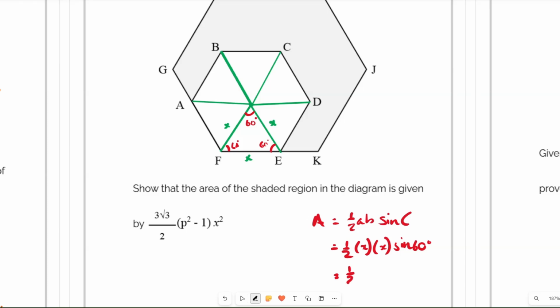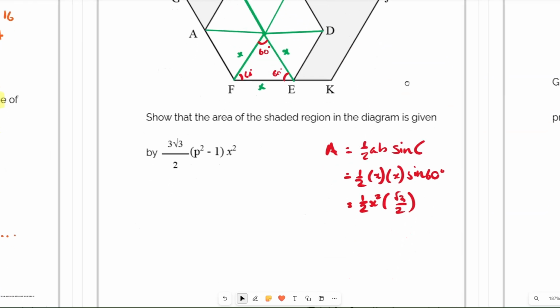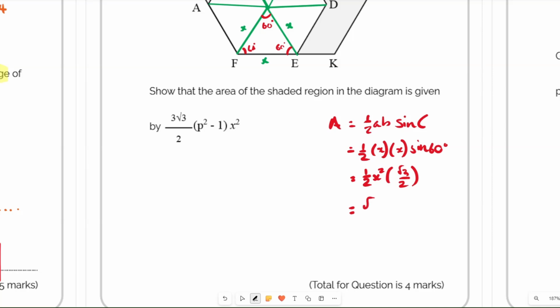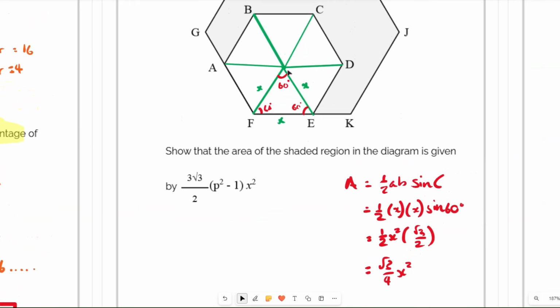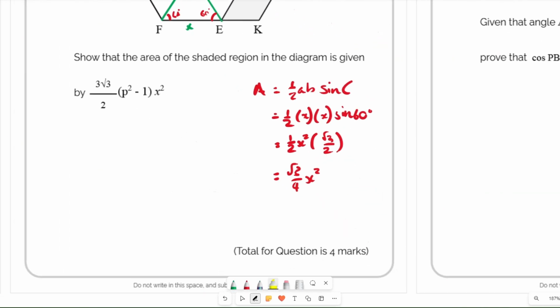So it's going to be half times x squared times root 3 over 2. There we go. And if we just multiply the fractions first, we're going to get root 3 over 4 x squared, like so. So we know that's the area of one of these triangles, like this one here. But we know that all 6 of them are identical, so we can just multiply this by 6.